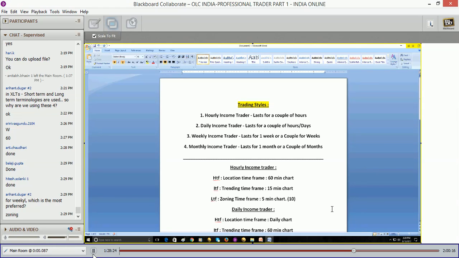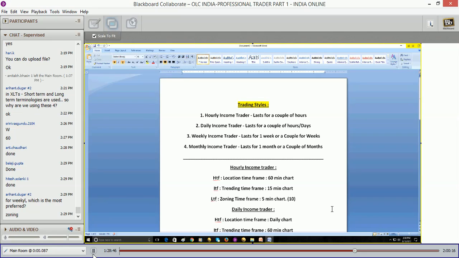Your lower time frame is used to do your zoning process.